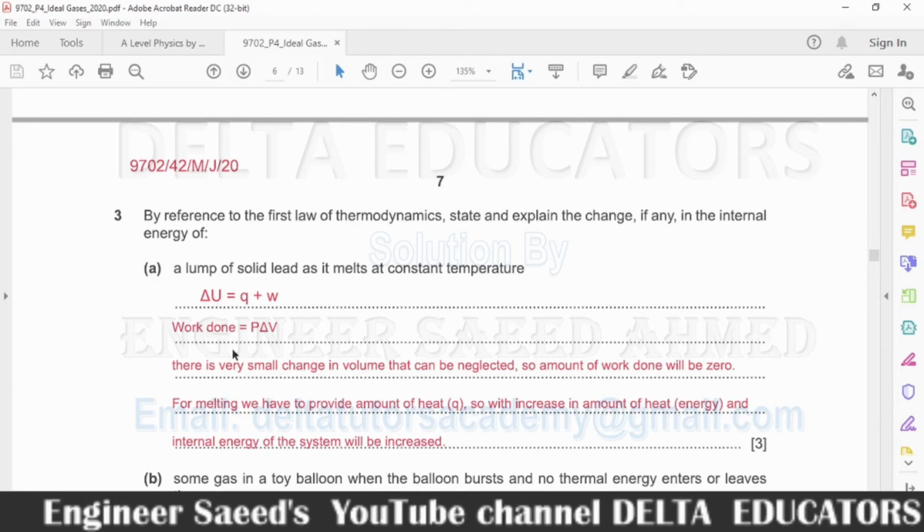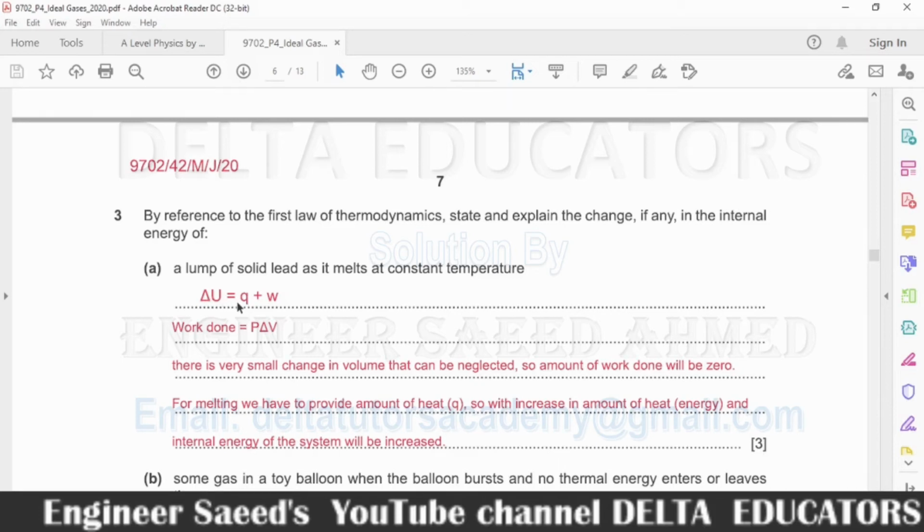Now what about the amount of heat? Here we are providing amount of heat to melt this lead. Since we are supplying heat to the system, this Q is positive. This W is 0 and this Q is positive, so here we will have an increase in internal energy.